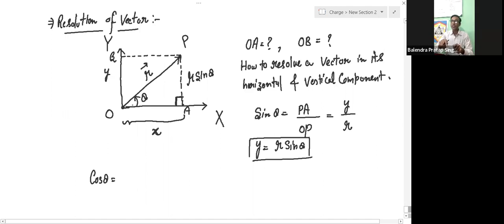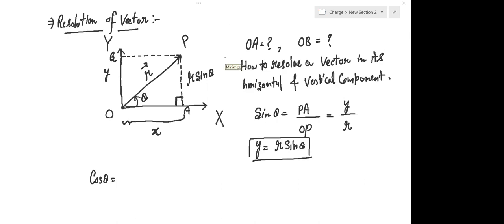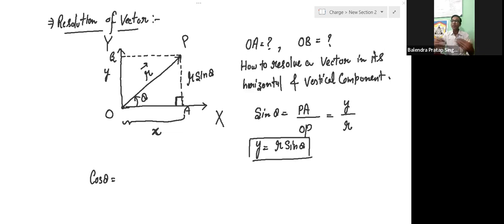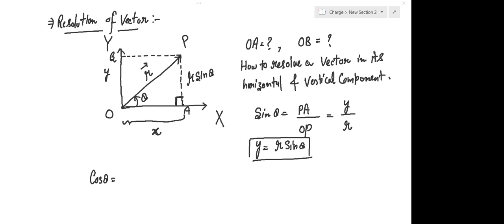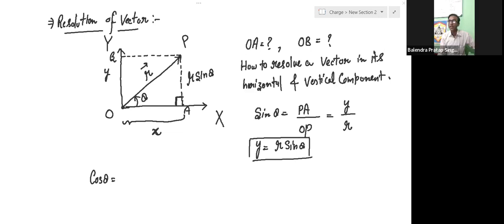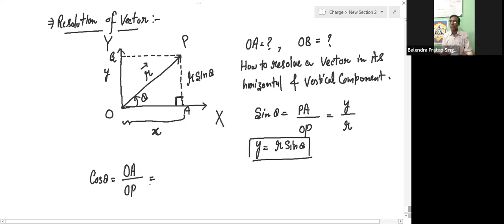As you know, sine theta is your perpendicular upon hypotenuse. Abdul Rahman answered, OA upon OP. That's correct. Cos theta is your base upon hypotenuse. Here the base is OA and the hypotenuse is OP.